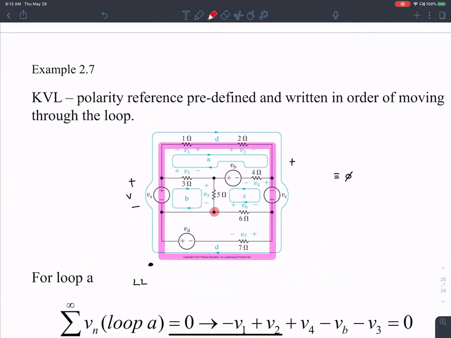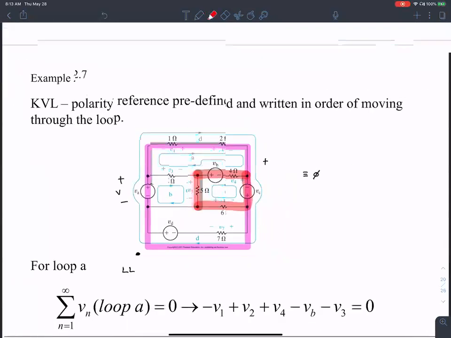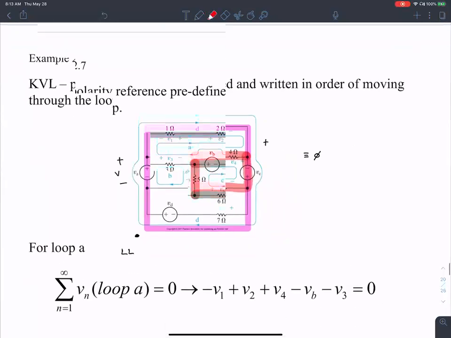Any closed path, I can begin with one node and traverse my way all the way back to the same node. Begin somewhere and end up in the exact same node. If you add up all the voltage drops along that path, that sums to zero. So that's the idea.